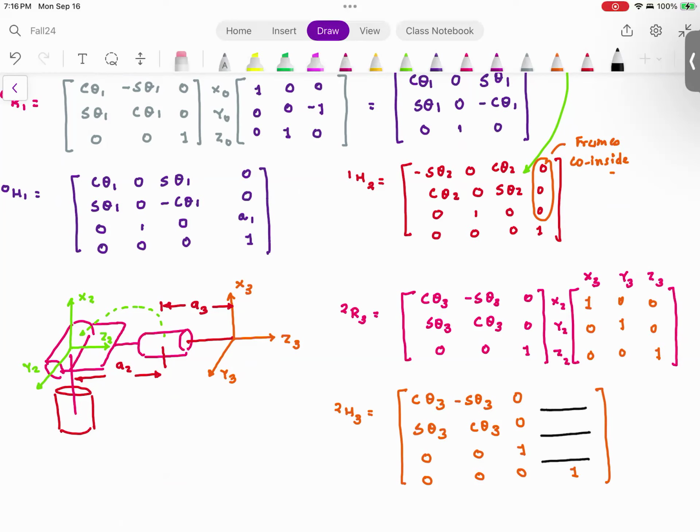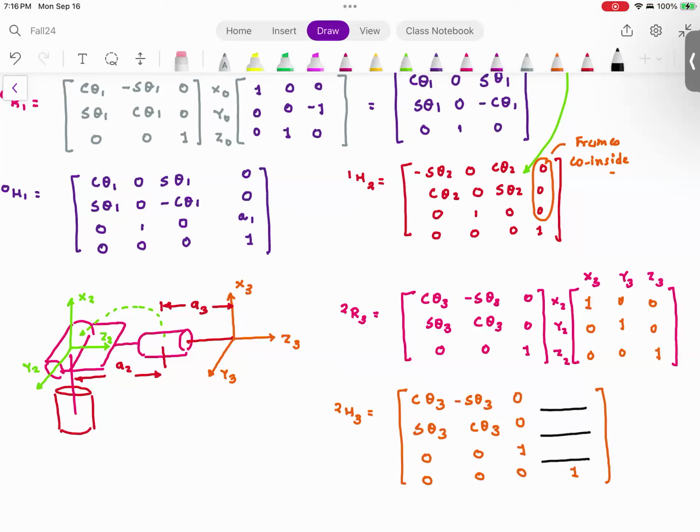Once again, I'm looking at the distance between frame 3 and frame 2 measured with respect to the coordinate frame x2, y2 and z2. Hold on, let me develop this argument.